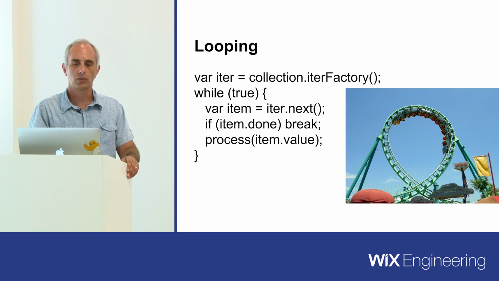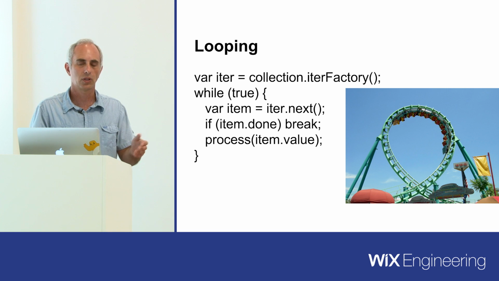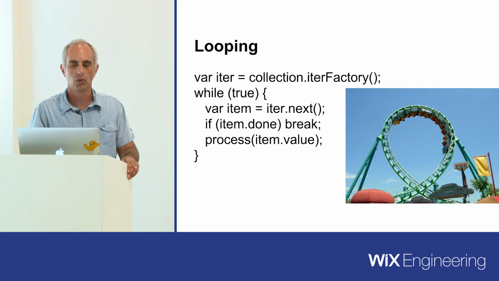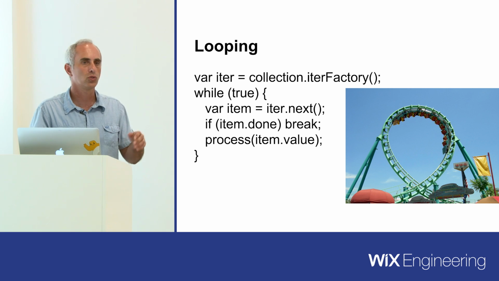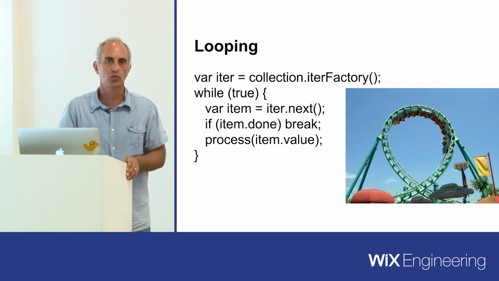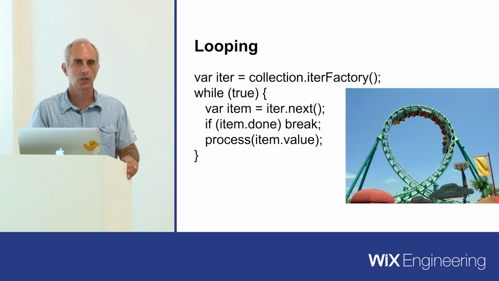We look at the done field to see if we're done. And if we're done, there's nothing more to look at. And if done is not true, we call process to do whatever we want to do with the actual value from the collection. Any collection that implements this interface, we can iterate over it using this mechanism.